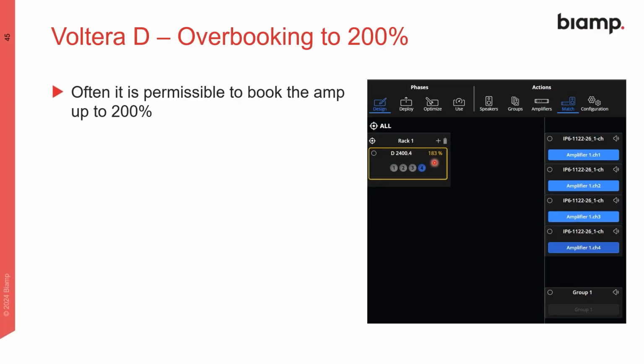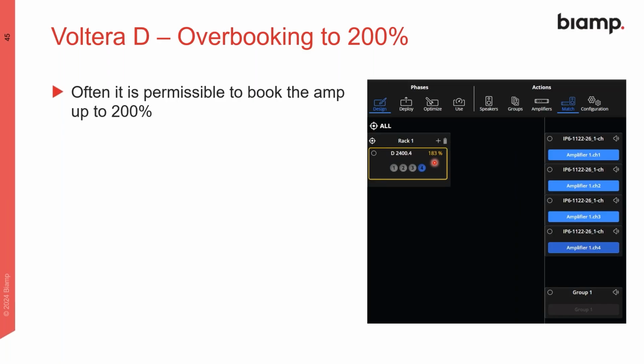The short story is that when overbooking up to 200%, you're going to lose about 3 dB in transient output. And depending on what you're reproducing, especially pre-recorded music, BGM music, streaming music, all the stuff that's normalized to -12, -14 LUFS by some streaming service, there's not a lot of dynamics there, probably.